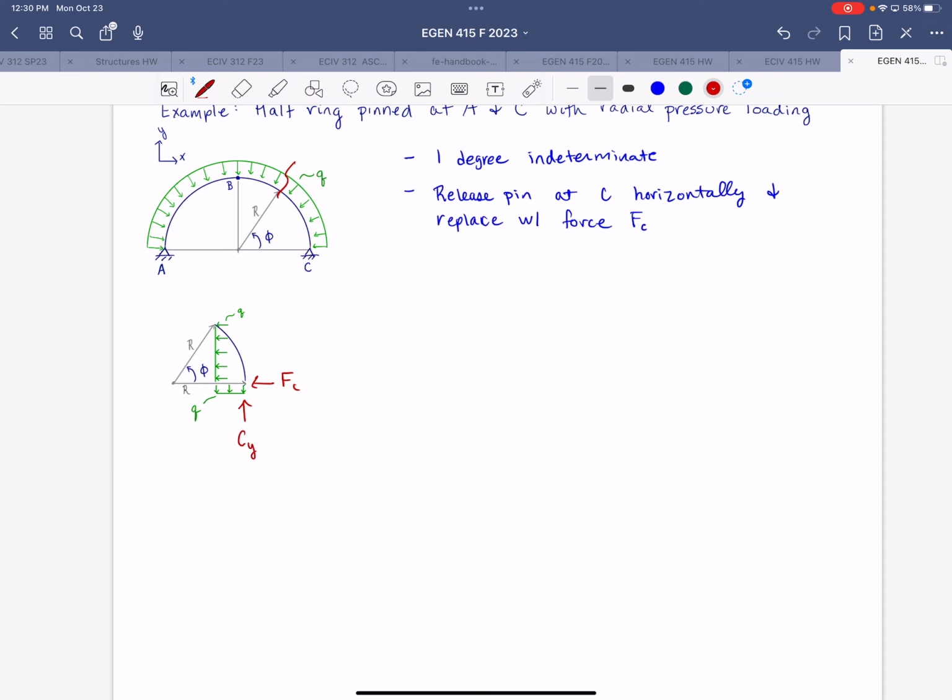From statics, even though it's indeterminate, because we have symmetry, we can tell right away what the vertical reactions are going to be. They're going to be equal in magnitude, and each equal to half of the resultant vertical force. In this case, it's QR.